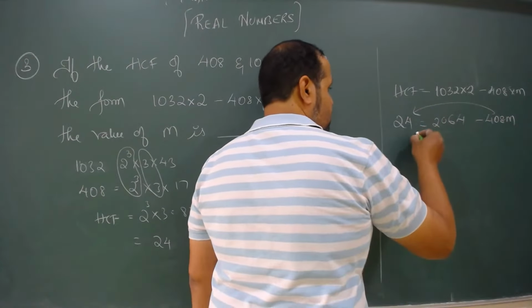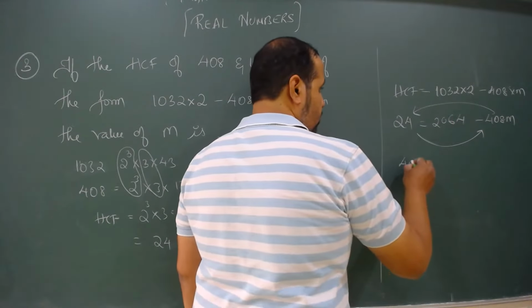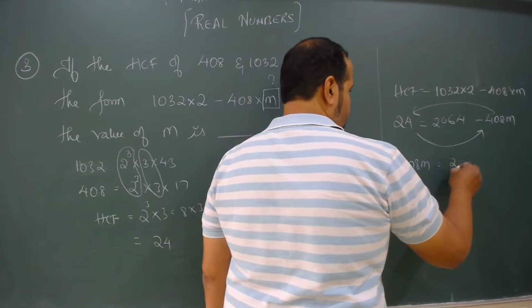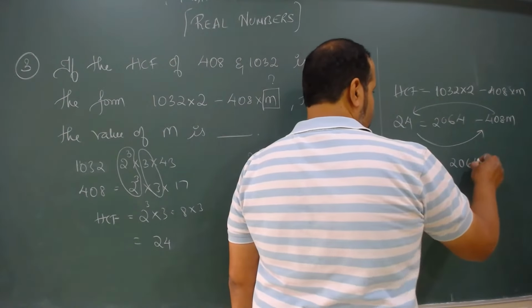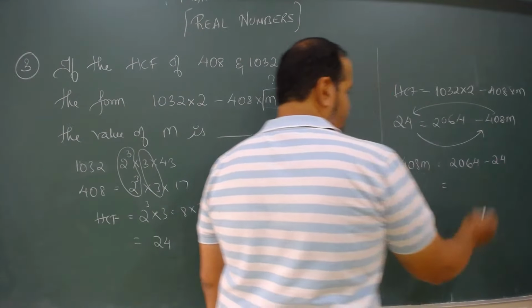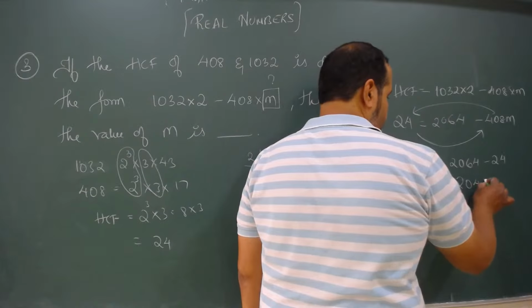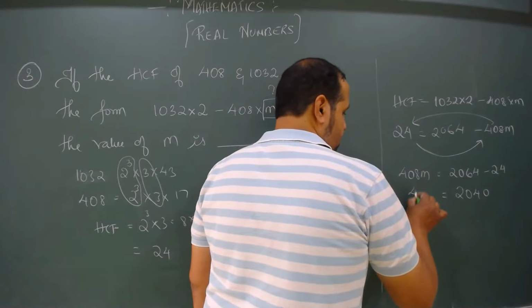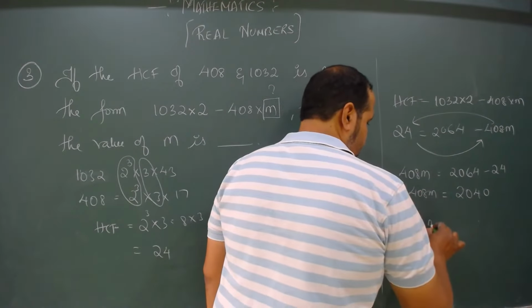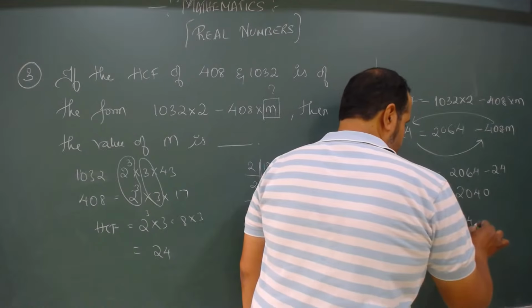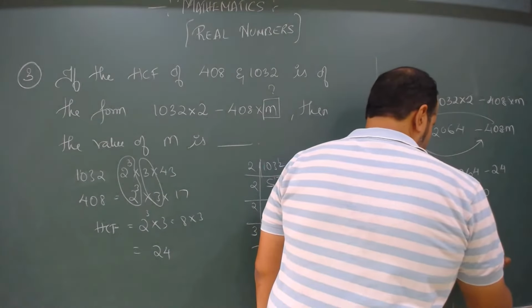Let me transpose and simplify the equation. 408 n is equal to 2064 minus 24, which is 2040. So 2040 is equal to 408 n, and n is equal to 2040 divided by 408.